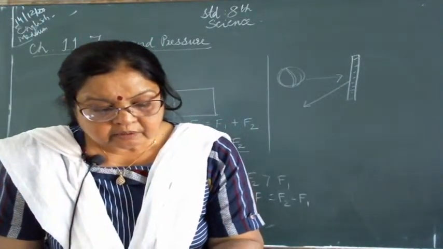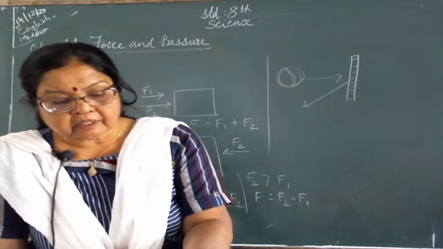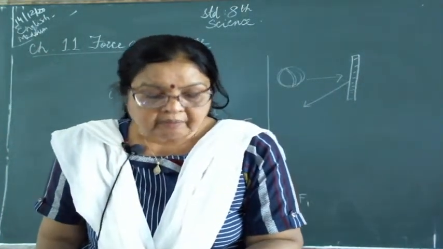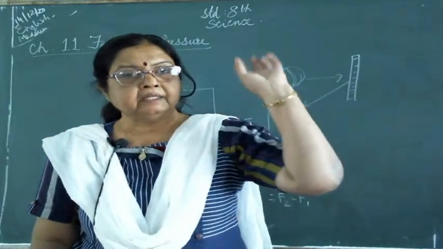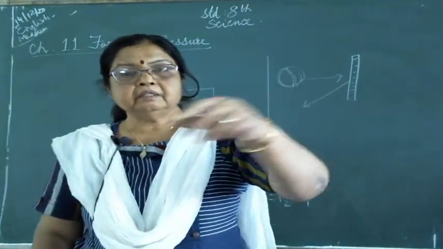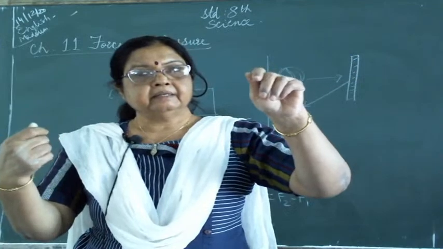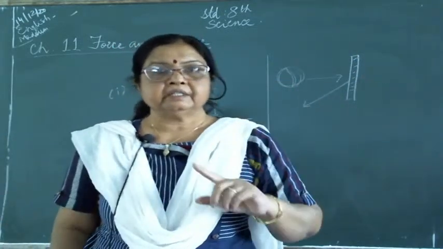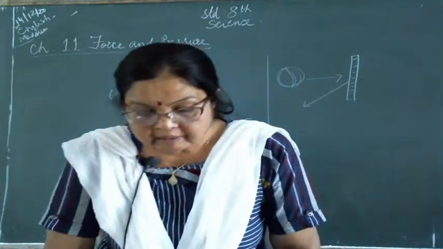In cricket also, the batsman plays his or her shot by applying a force on the ball with the bat. The bowler throws the ball, the batsman hits the ball, it changes direction, it changes speed, okay.